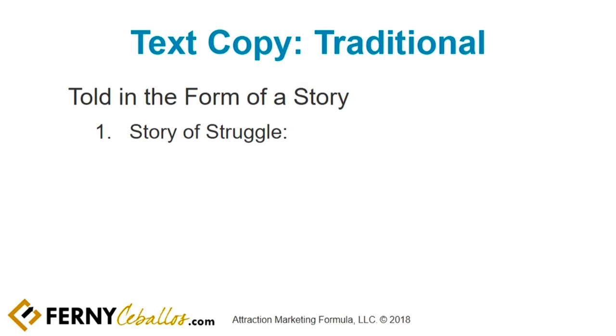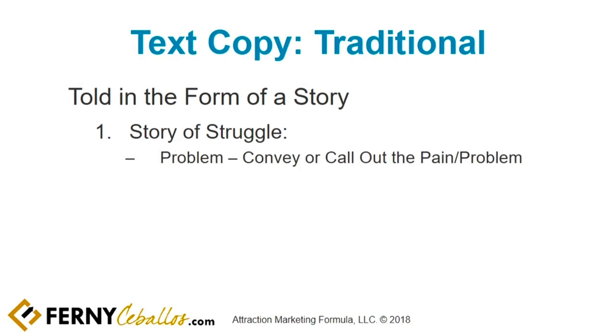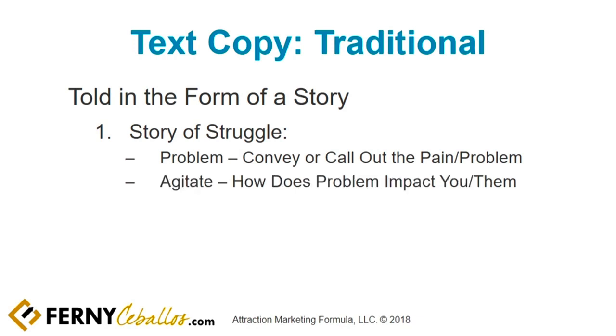So this is how the story traditionally has gone on Facebook and how it's been effective. It's a story of struggle. So the first part of it leads with a problem. You call out a problem. And then the agitate part. Marketers call it agitate, like you're kind of turning the knife. But really this is how does the problem impact their life?